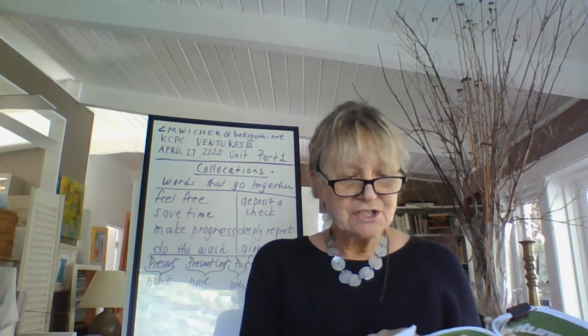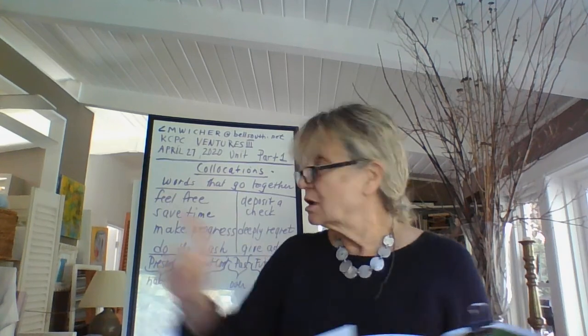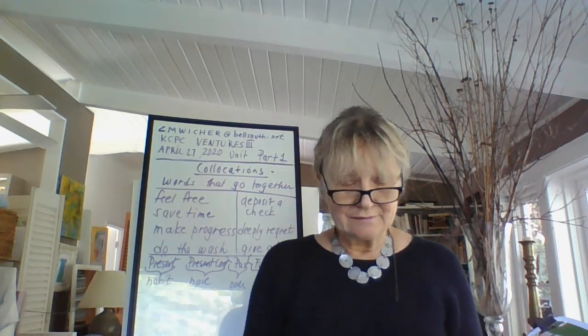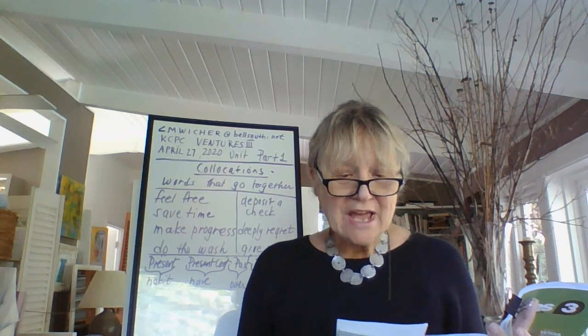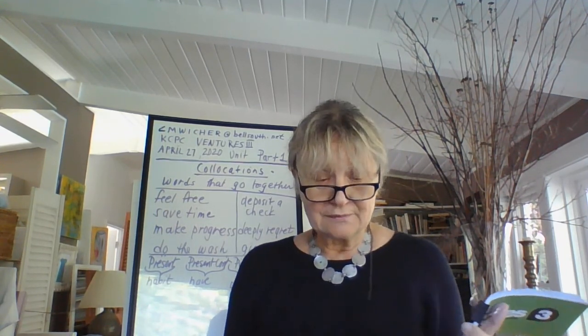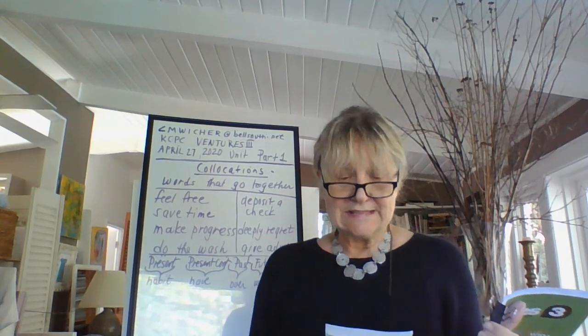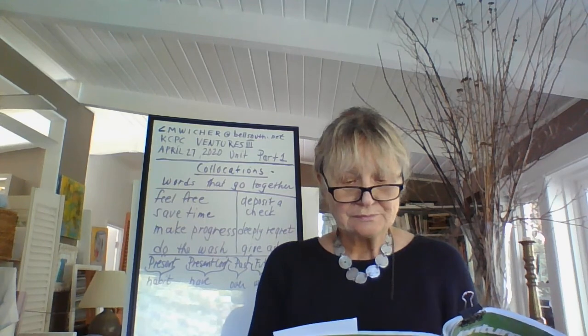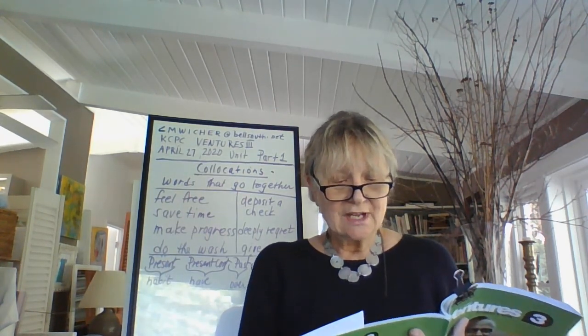The top of the page you will see grammar connections and the word collocation. Again? Okay, great. So it means words that often go together. Here they're using the words get and take. So they go together. Let's read.